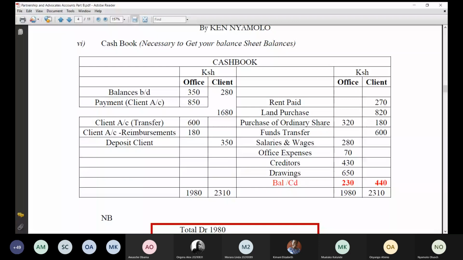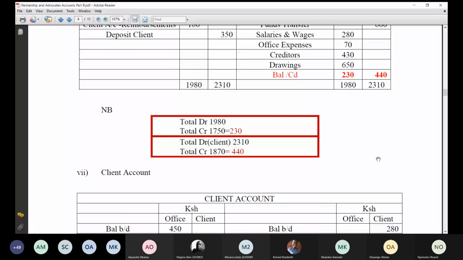So the bulk of the marks will then be for the correct posting in this cash book. I've just put a note there that before I got these 230 and 440, my total debits were 1980, meaning the credit side was less. So, and the total credits were that. So that is how I got the 230. And for the office, the client side, the debit side were also more. So that is how we balanced it.